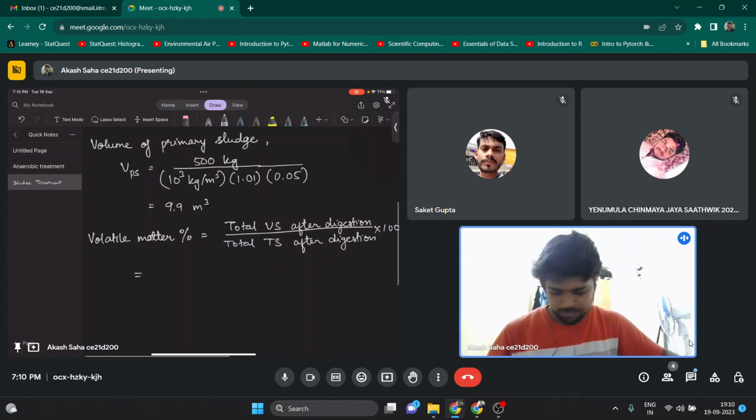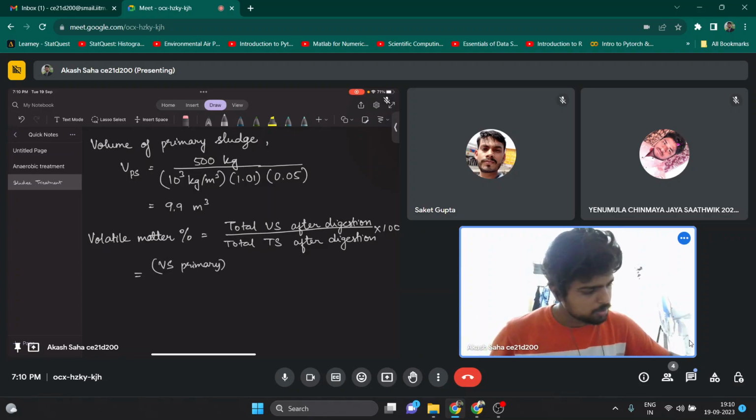This will be roughly equal to the volatile solids in the primary, into the mass of solids, into 1 minus VSR.